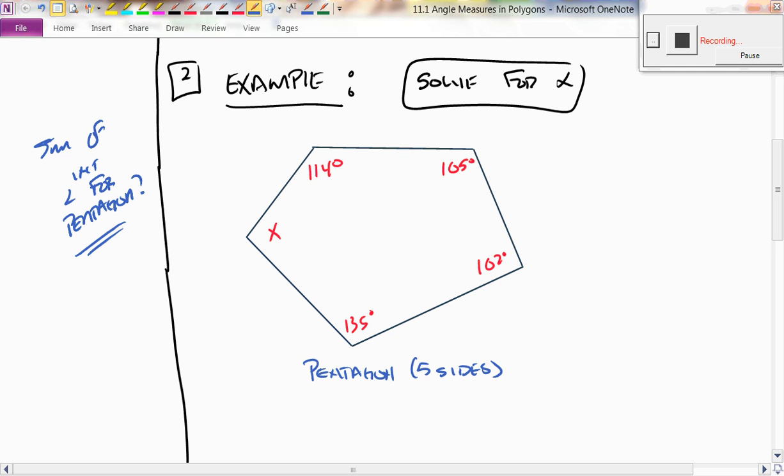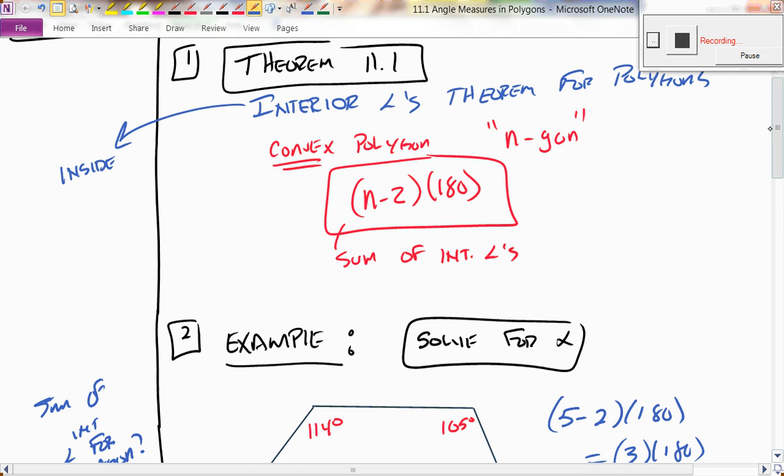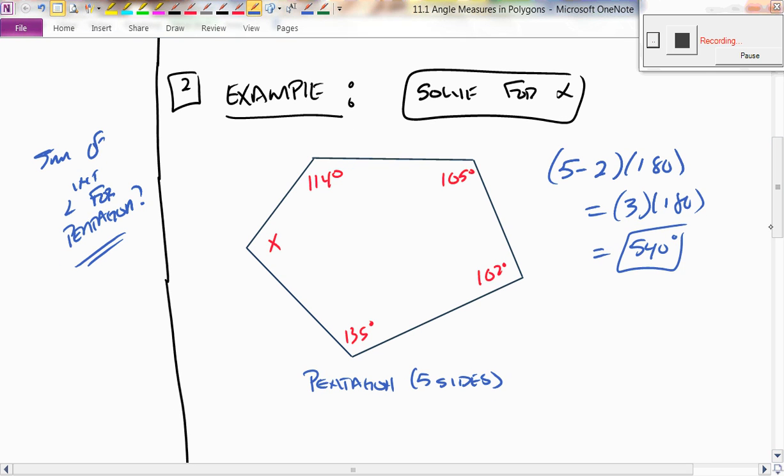Yeah, we know it's 540, right? Because we took 5 minus 2, and then we multiplied by 180, so we have a grand total of 3 times 180, which gives us 540 total degrees inside that pentagon. The theorem just told us that: we took 5 minus 2 times 180.